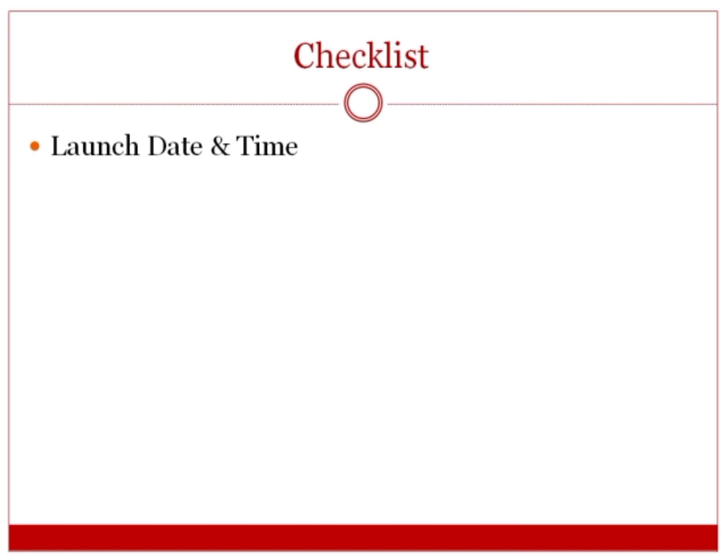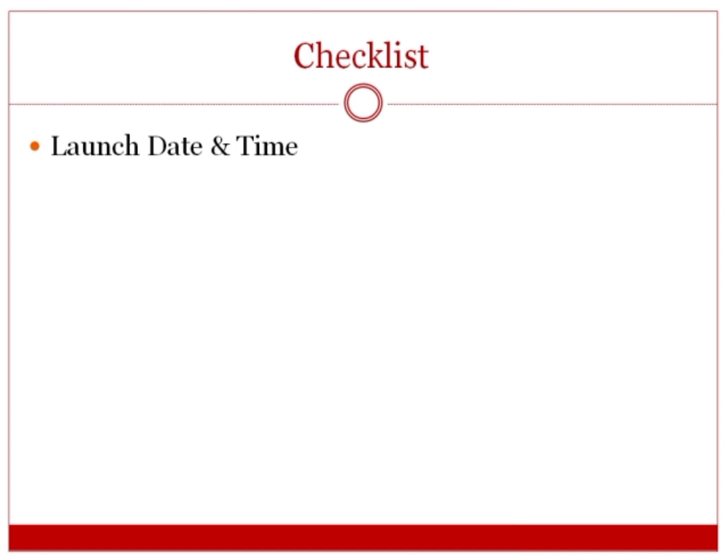Now, when you set up your product onto JVZoo, you can set it up to go live at any given day. So if you have a launch date and launch time, make sure you specify this. Now, for example, if you're going to put your product into the marketplace and you want it to launch at a certain date and time, then this would actually be a good option for you.